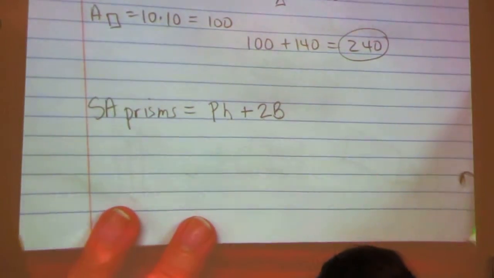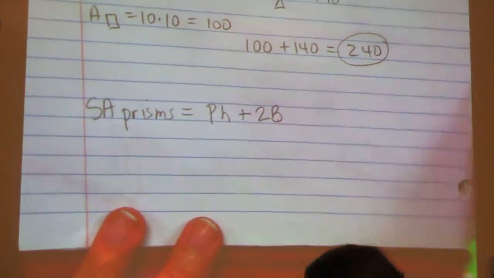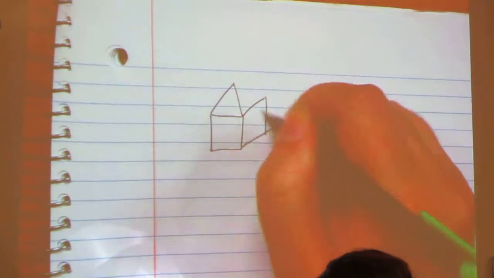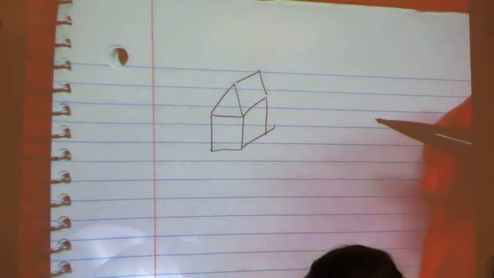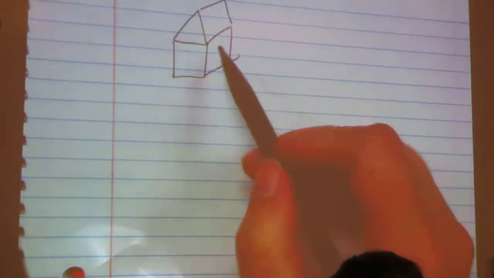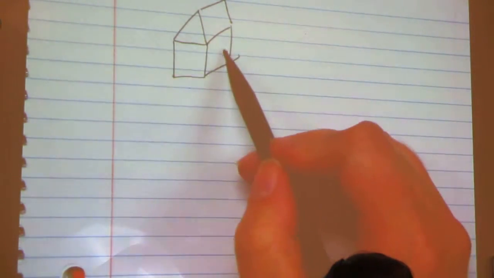The only thing you have to be careful of is if you have a composite figure. Let's say you have a house or a shed of some sort, and they want to paint the whole outside. Well, here's where you just have to be careful because you're not going to use every surface.